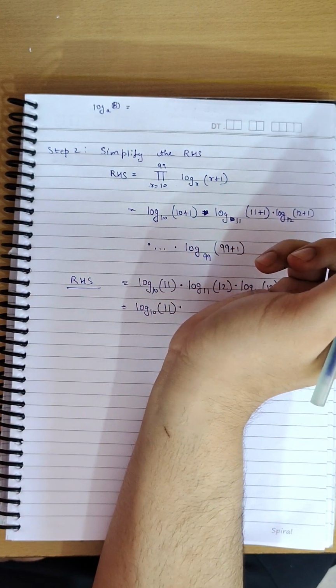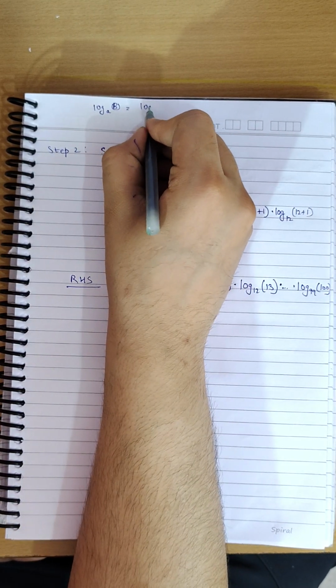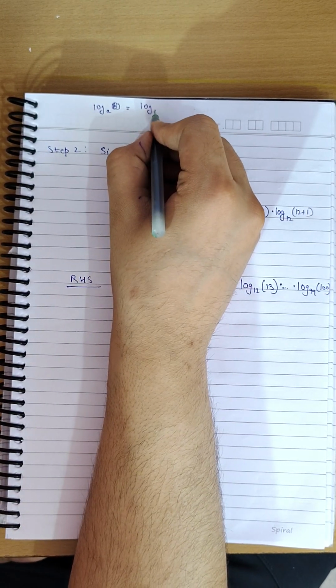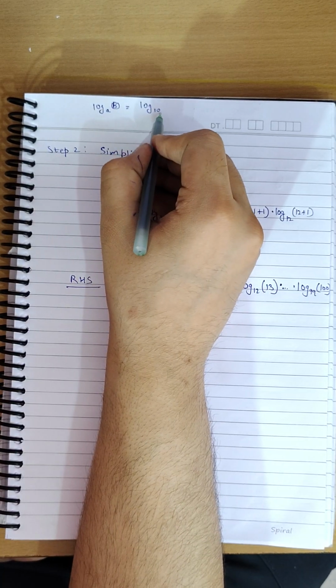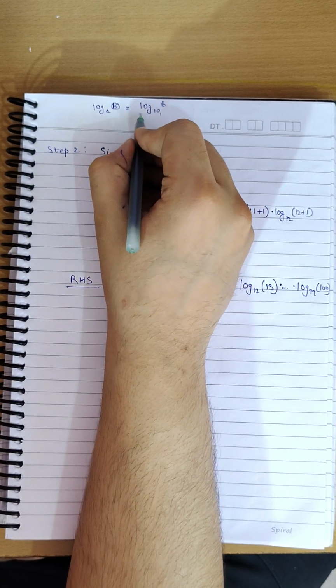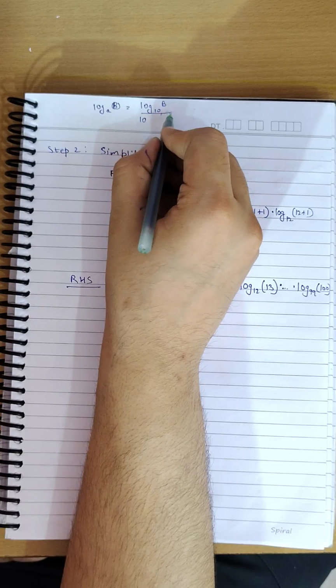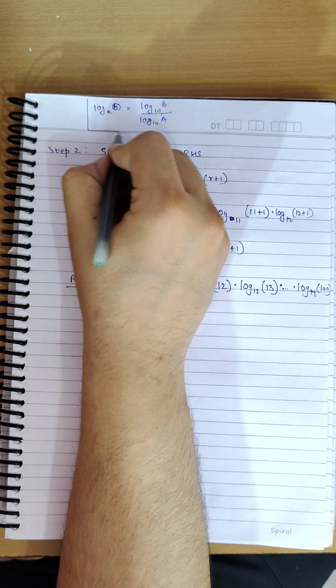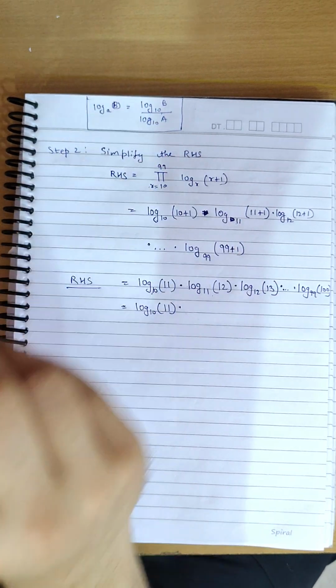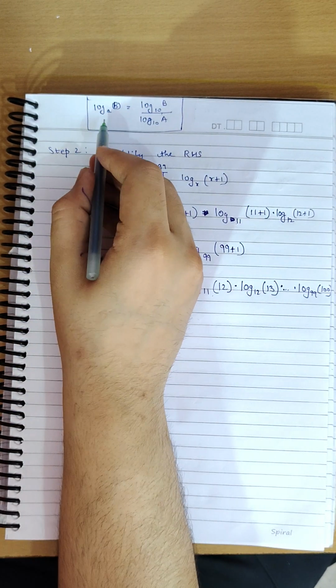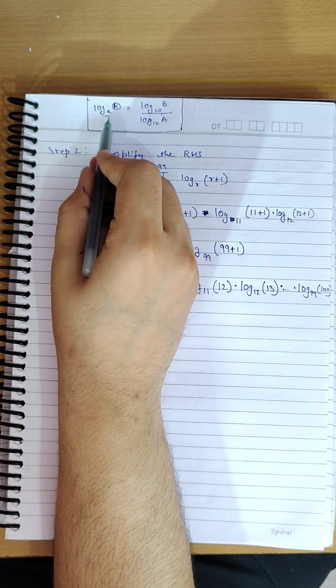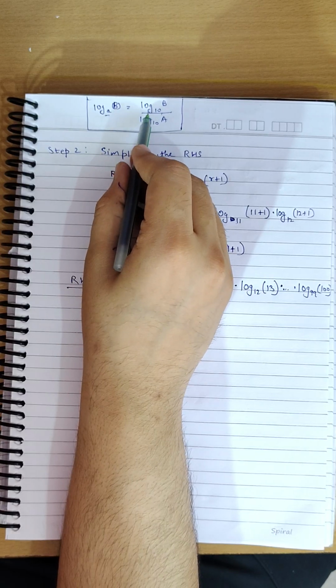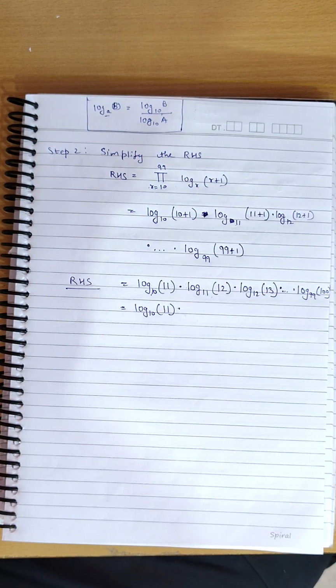Okay, it is equal to, what we have to do is we write it in log 10. First we write log 10 of b over here, and then we divide it by the expression log 10 of a. So this is the property of converting a logarithm which is in base a to the log which is in base 10. So this is the property.